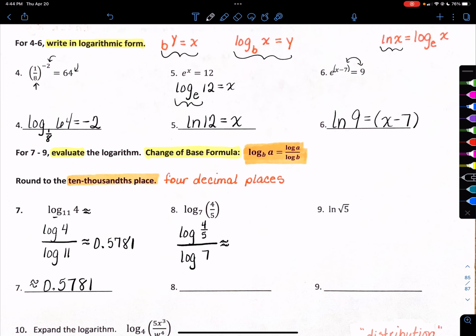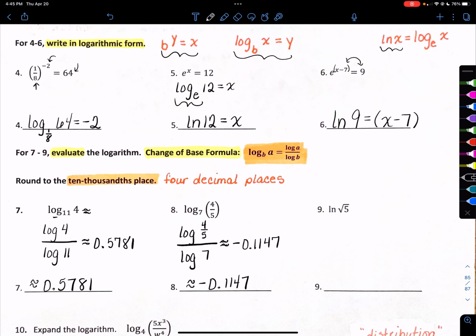All right, so in our calculators, we have 4 fraction 5 for the fraction, log, divided by 7 log, and then hit equals. Again, to the 10,000ths place. And since here is where we're stopping, we can go ahead and round on that one. So our answer is negative 0.1147 10,000ths.